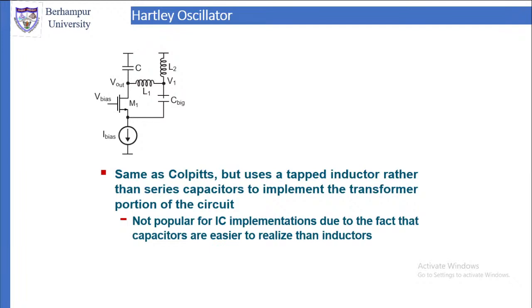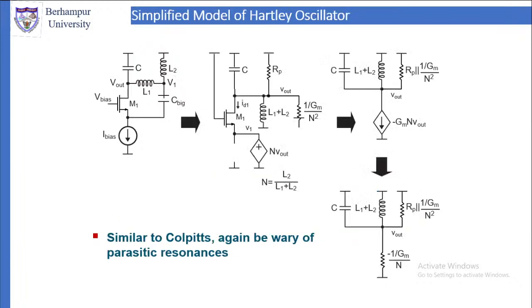This is not popular for IC implementation because you have inductors, and inductors take more space. It has the same equivalent circuit as the Colpitts oscillator. The only thing is one should be careful about the parasitic resonances.